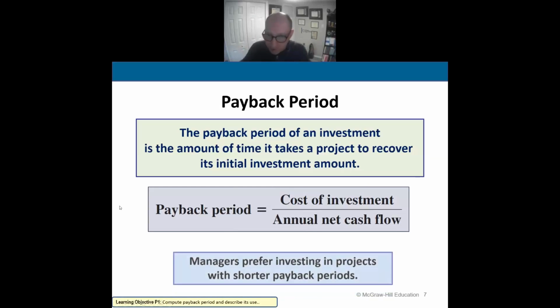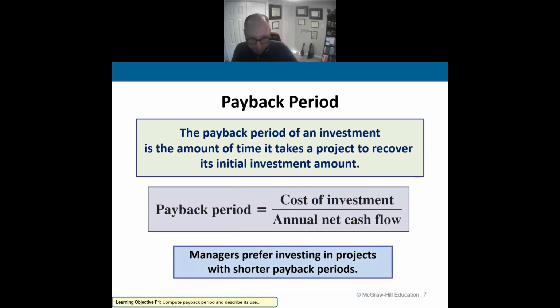The formula is pretty straightforward. Okay, payback period formula. It's the cost of the initial investment, the cost of the piece of machinery, divided by the annual net cash flow. Annual net cash flow.